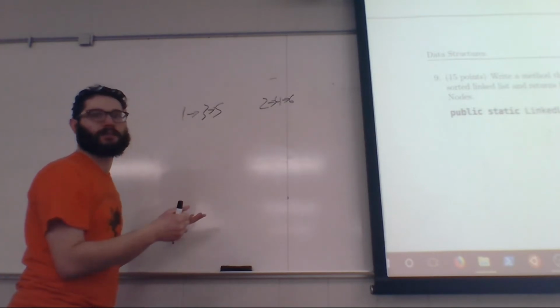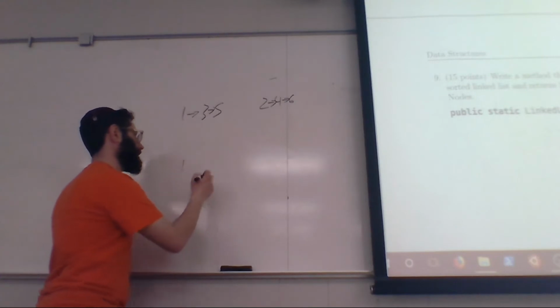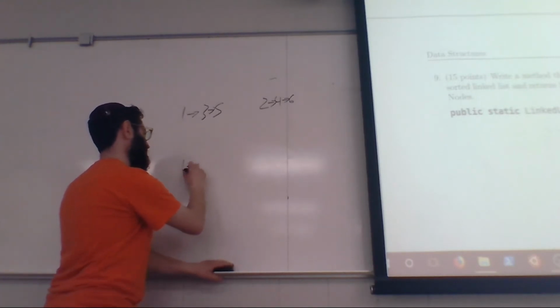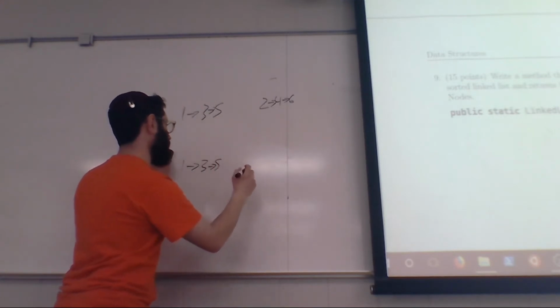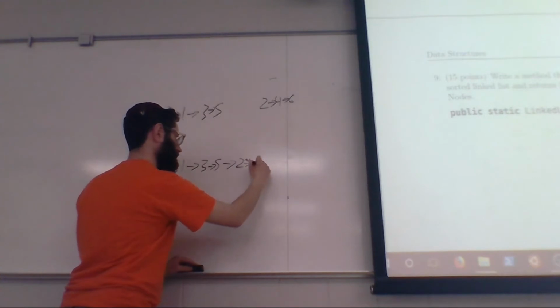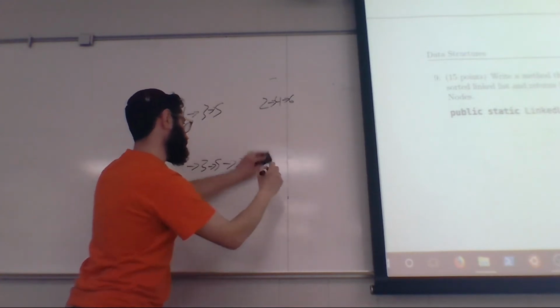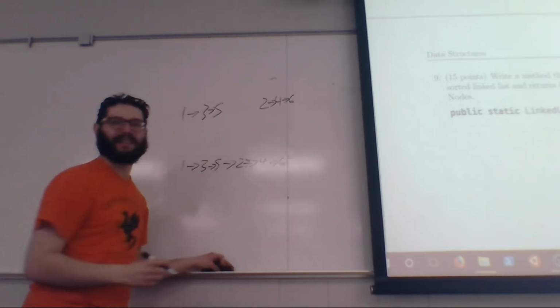So how do I sort them? Well, the easy combination solution I would think is 1, 3, 5, right? Move them into one linked list, 2, 4, 6, and then maybe sort it like that, but that's going to take forever, right?